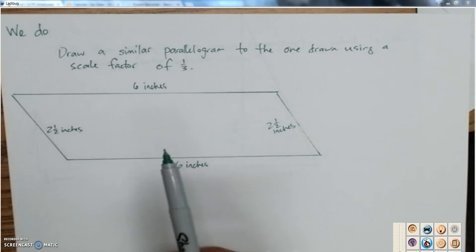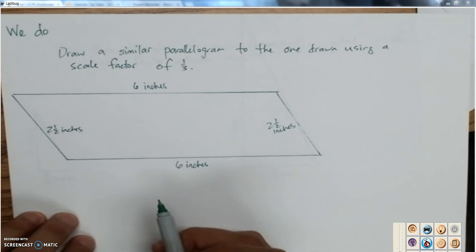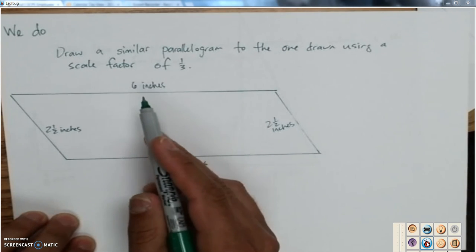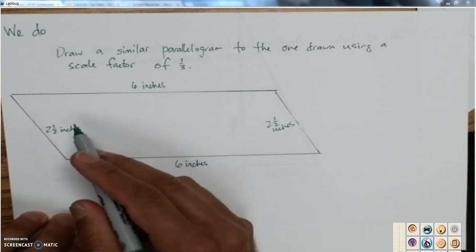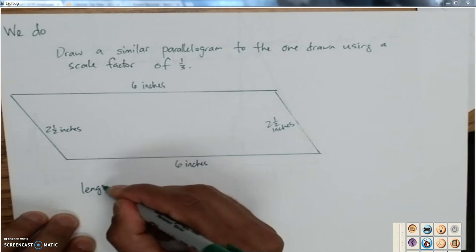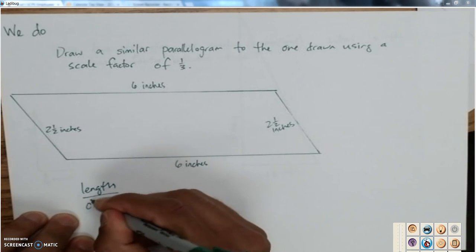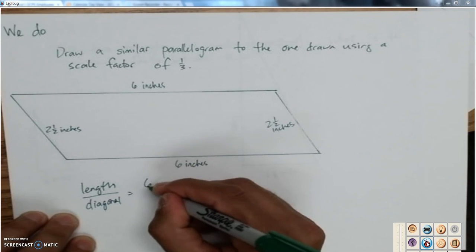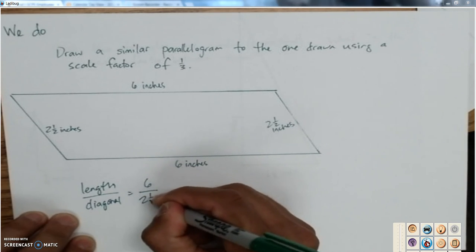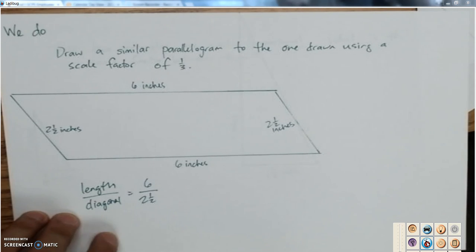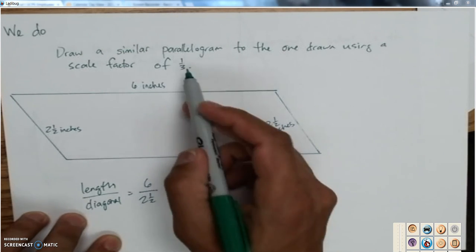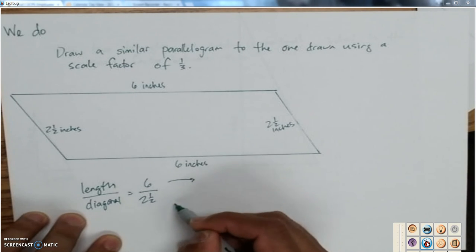So when I look at this parallelogram, my ratio of sides, I'm going to call that my length and my diagonal. My ratio there is 6 to 2.5. And if I'm going to draw this by a scale factor of 1/3, that means I'm going to make sure I keep that ratio exactly the same.